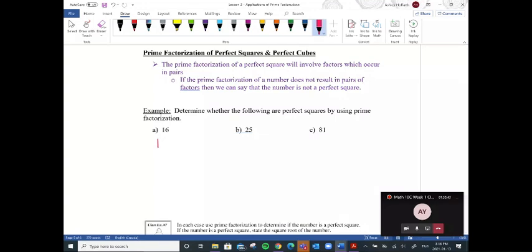If we prime factor 16, I'm just going to use the factor tree here. I can break 16 into 4 times 4, and then both 4s can break into 2 times 2. So 16 is equal to 2 times 2 times 2 times 2.